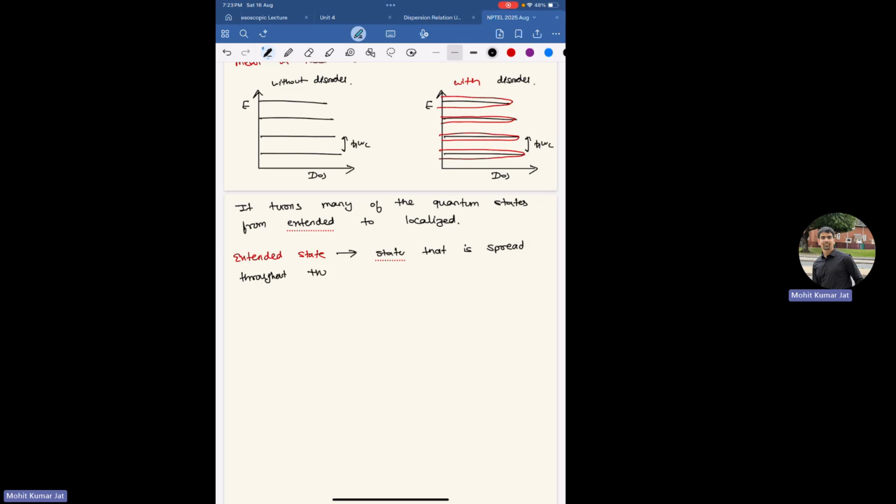And in contrast, a localized state is a state which is restricted to lie in some region of space.